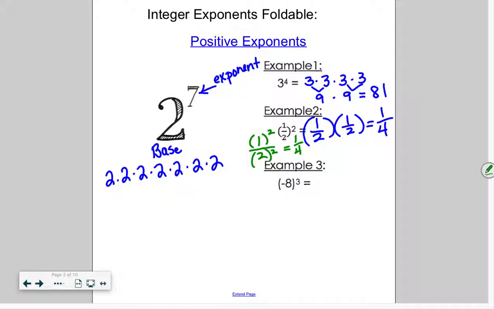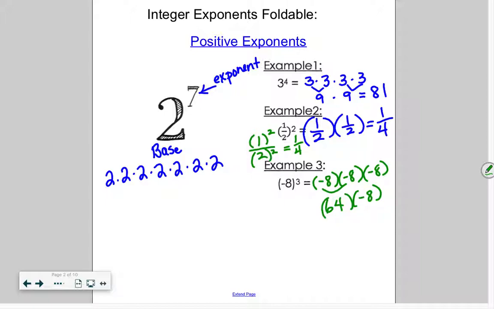Example 3, negative 8 to the 3rd power. You need to make sure you are writing that base of negative 8 in parentheses 3 times, or thinking about it as negative 8 in parentheses 3 times. What is a negative 8 times a negative 8? Positive 64. Now that positive 64 is getting multiplied by a negative 8.